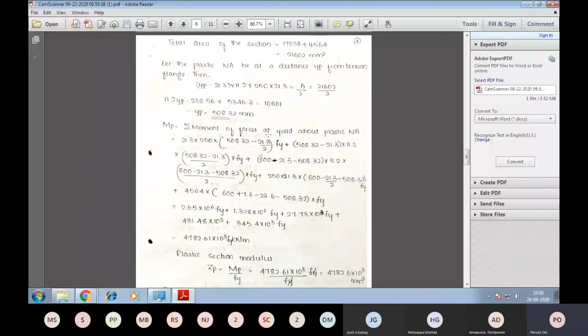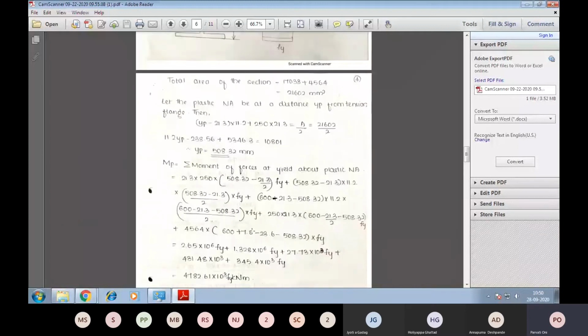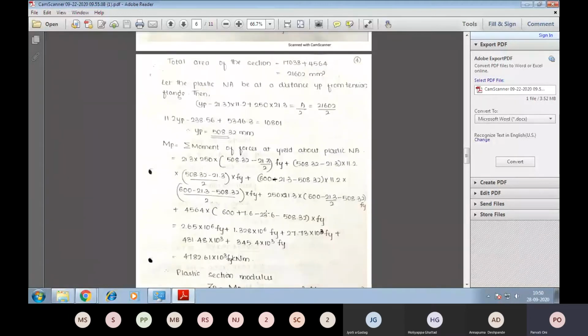So once you write down the equation, start calculating, you will get the Mp as 4782.61 into 10 raised to 3 Fy kilonewton meters. 4782.61 into 10 raised to 3. Just take down this equation, see the figure and analyze. You'll understand it in a better way.